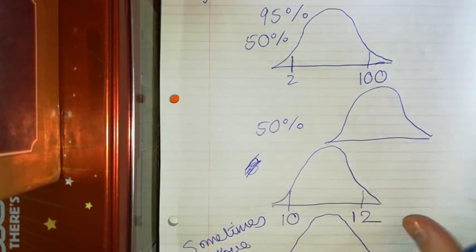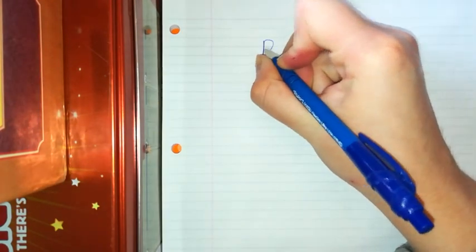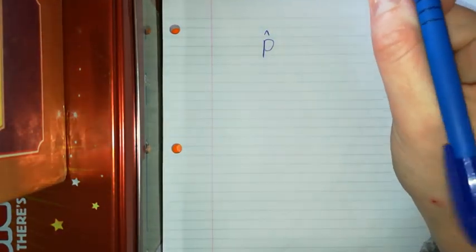And then: as the value of p increases for fixed n, the estimated standard error of the population increases. Here p is the sample proportion.